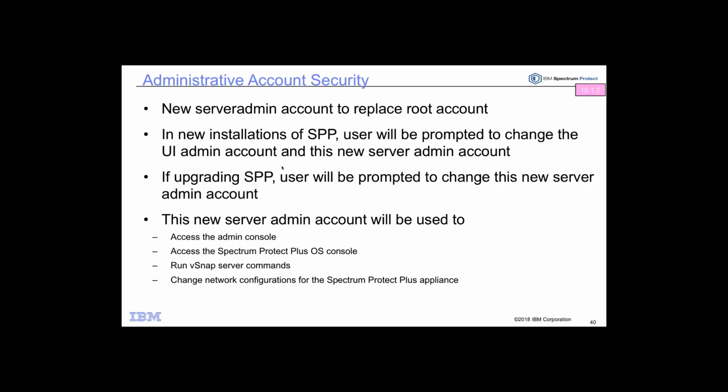That is the account that you will use to set up the networking, to do VSnap commands, and you can also sudo from that account to root if you need to do something that requires root access.